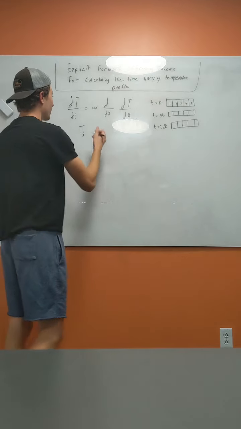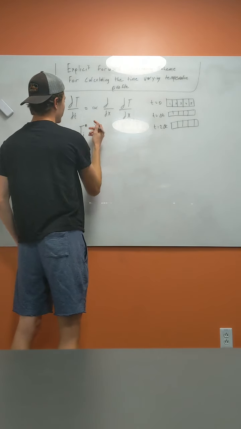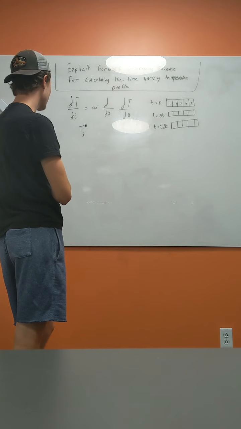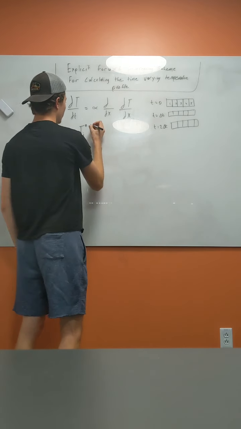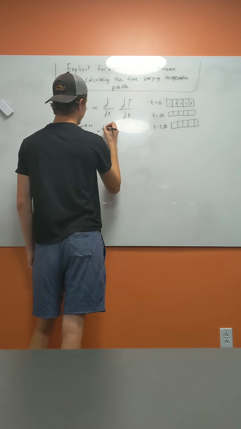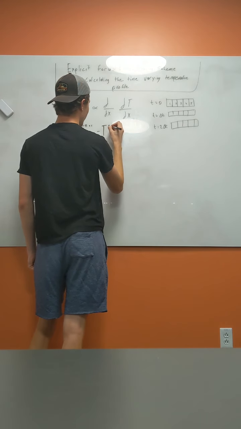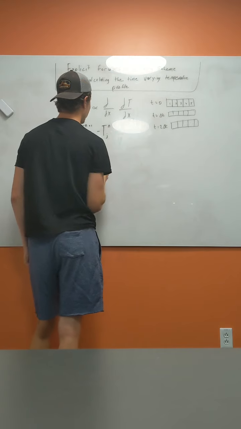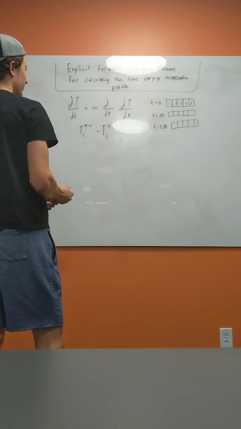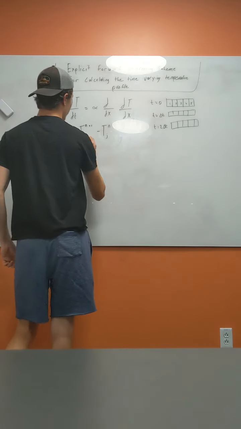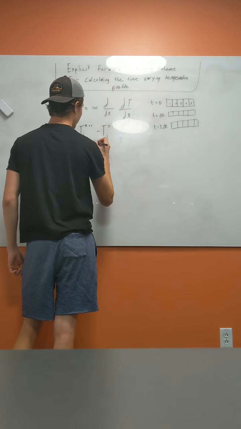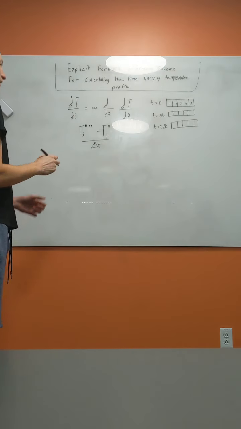So what's the difference between T n plus 1 minus T n at J, right? So what's the difference in those over change in time?